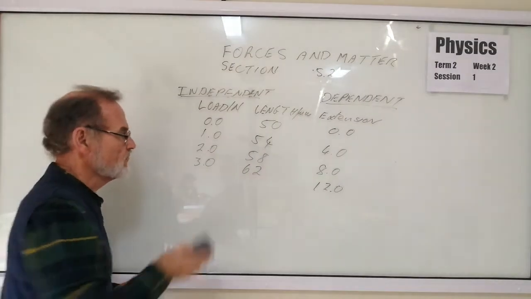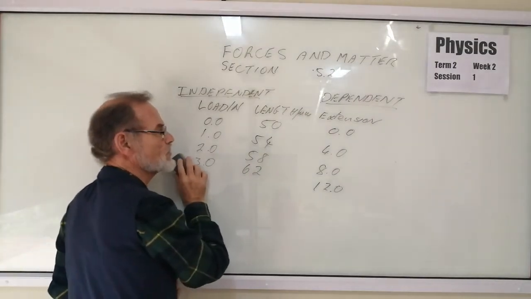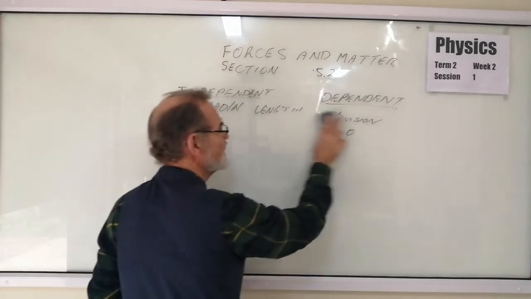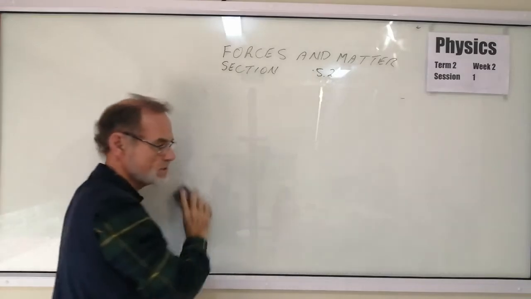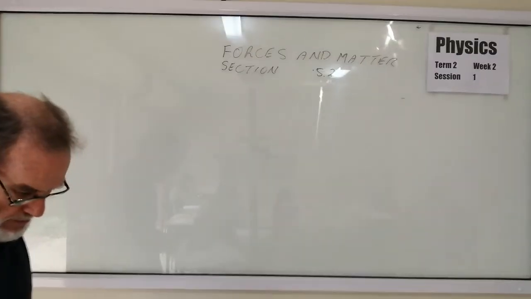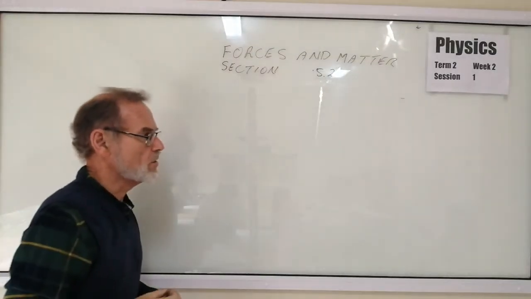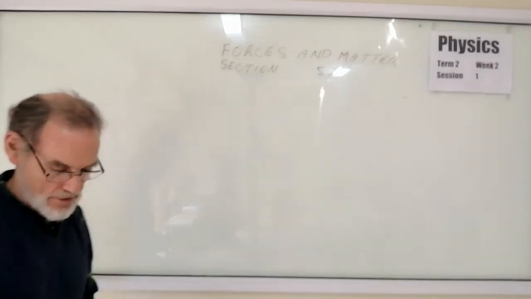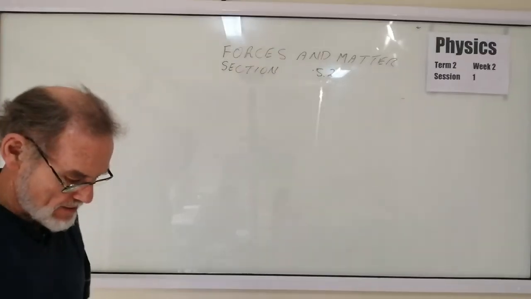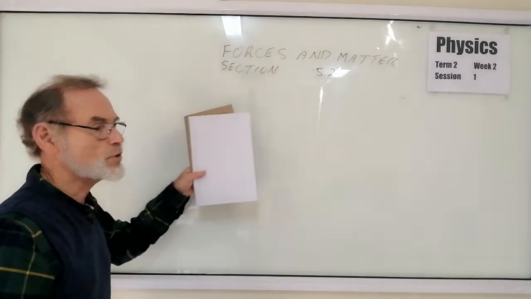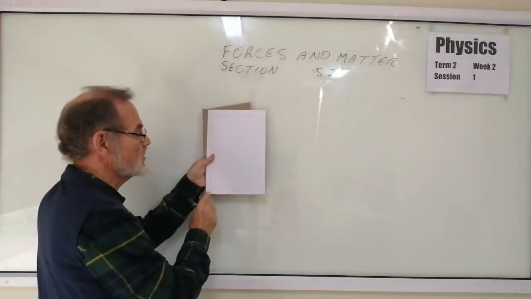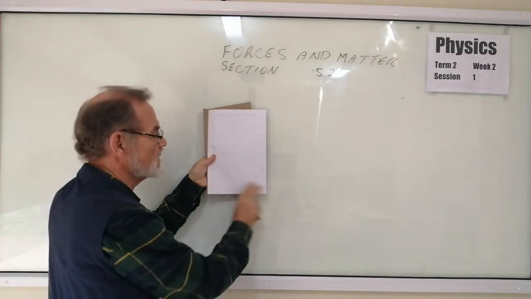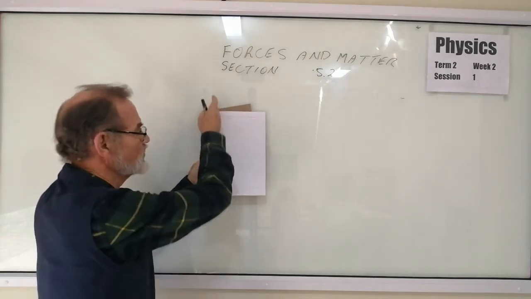Right, now for the next step, to set up your graph, you need graph paper, or you can use paper with blocks. Okay, so I'm using this type of book with blocks in it, and I'm working with the dependent variable on the short side and the independent variable with the long side.